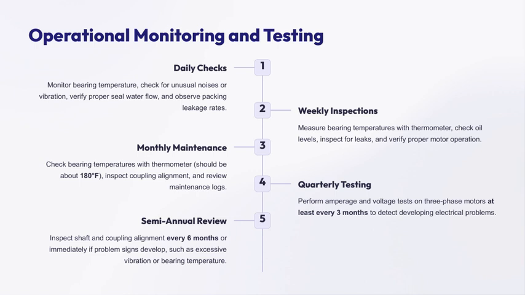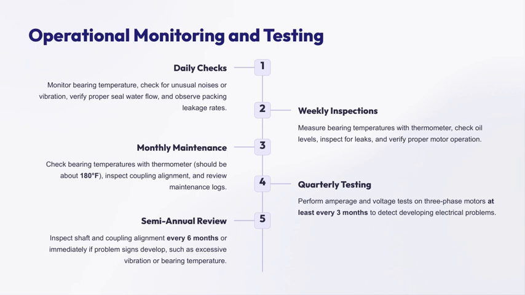Quarterly testing is crucial for electrical health. Performing amperage and voltage tests on three-phase motors at least every 3 months allows us to detect developing electrical problems early, preventing unexpected failures. Finally, semi-annual reviews involve inspecting shaft and coupling alignment.